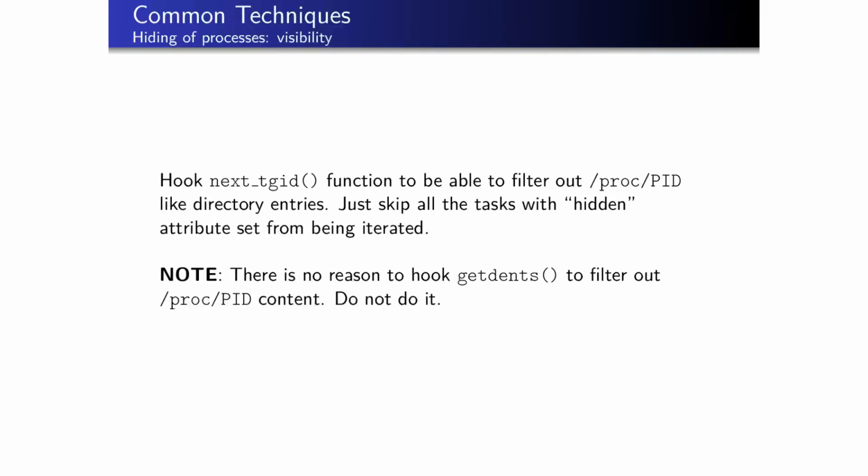In kernel land, processes and threads and other things are declared by a task struct. You can flag this task struct, because when I hook a function that deals with this task struct, you can know what process you are managing and what you have to do with this process.